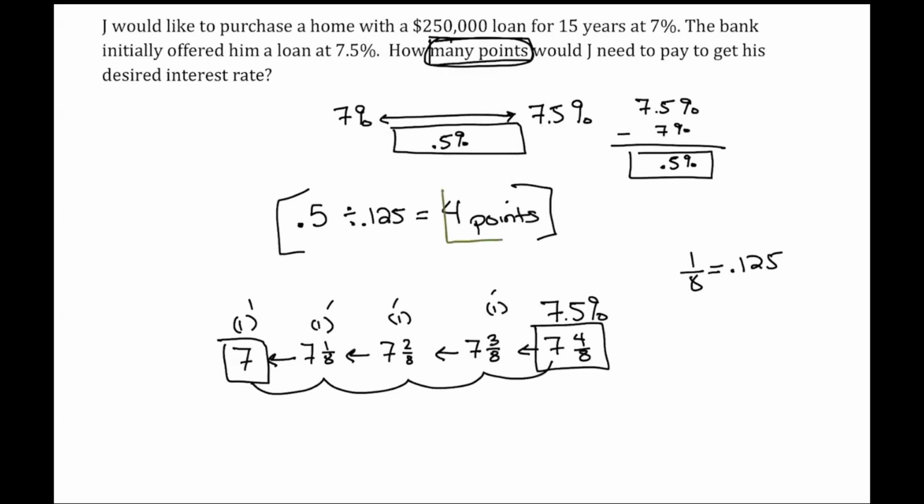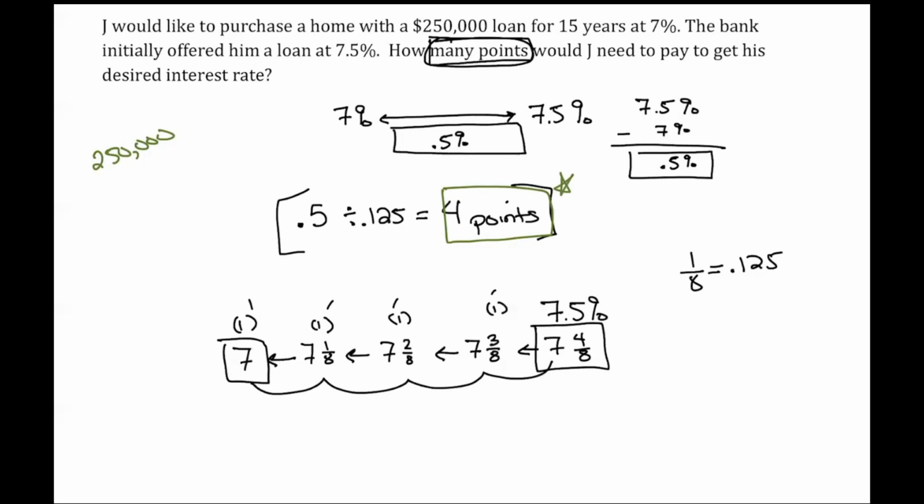So we're going to take the 250,000 and divide by, no, we're not going to divide.